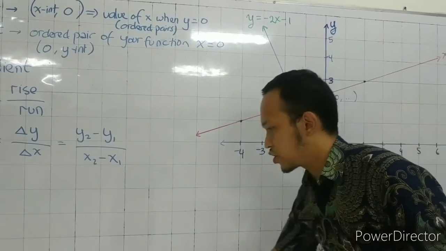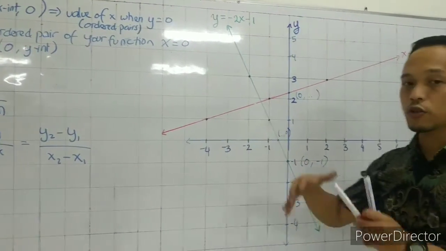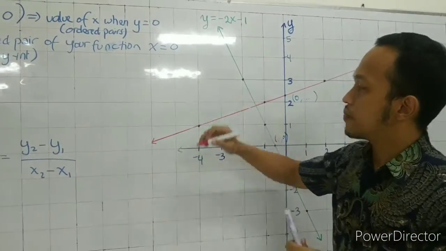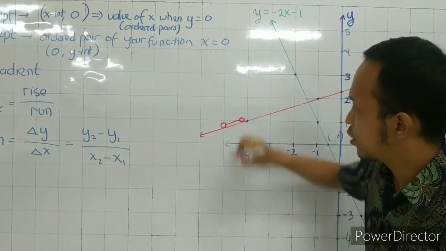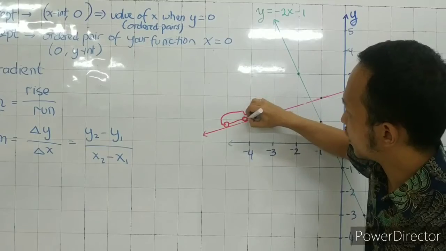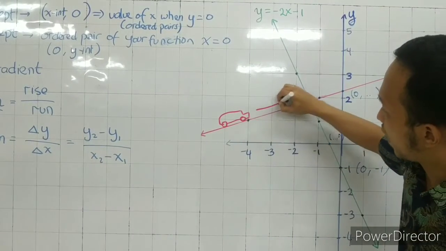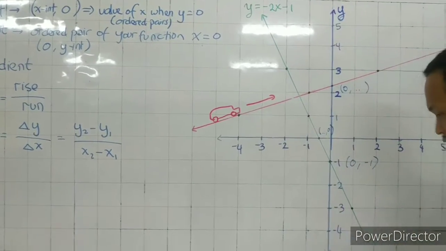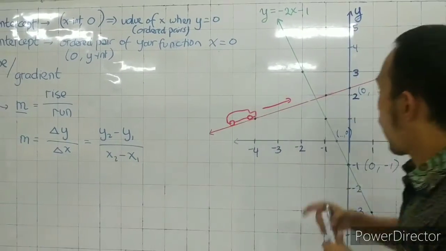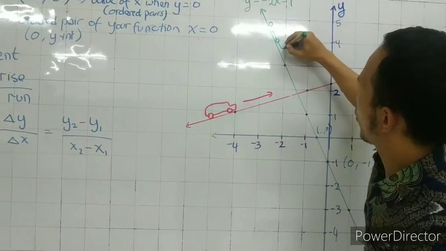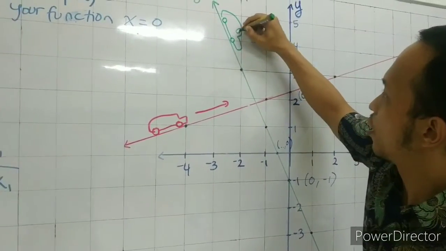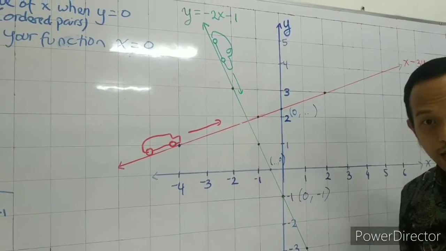Okay, you can imagine that when we're speaking about slope, let's just imagine that you have a car riding on that line, goes to the right. So the car is here, it's going there.